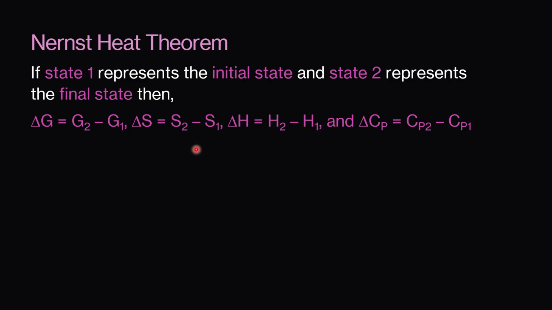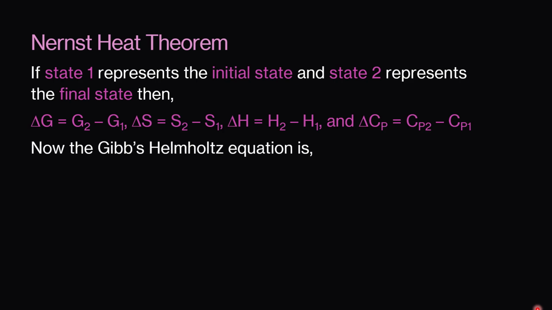Similarly for delta S, delta H, and delta Cp: S2 minus S1 is delta S, H2 minus H1 is delta H, and Cp2 minus Cp1 is delta Cp. Now, the first relationship, which is the Gibbs-Helmholtz relation, we have already derived, so no need to explain anything further about it.